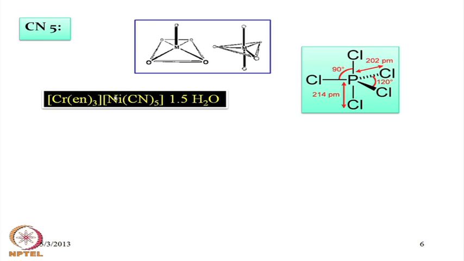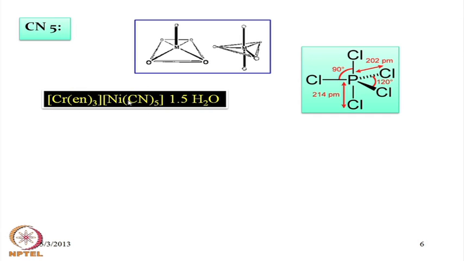But what about the anionic part? The anionic part is a different one, the Ni(CN)5 species. So, Ni is bipositive, with a charge of 2 plus, and cyanide is balancing with 5 charges, and these 5 charges give an overall charge on the anionic part of 3 minus. So, in this compound chromium should definitely be in the trivalent state.